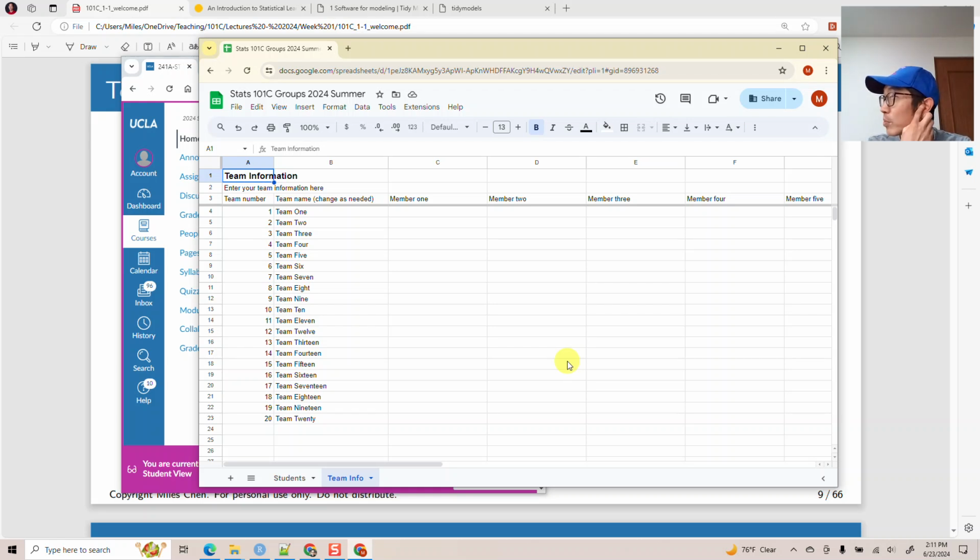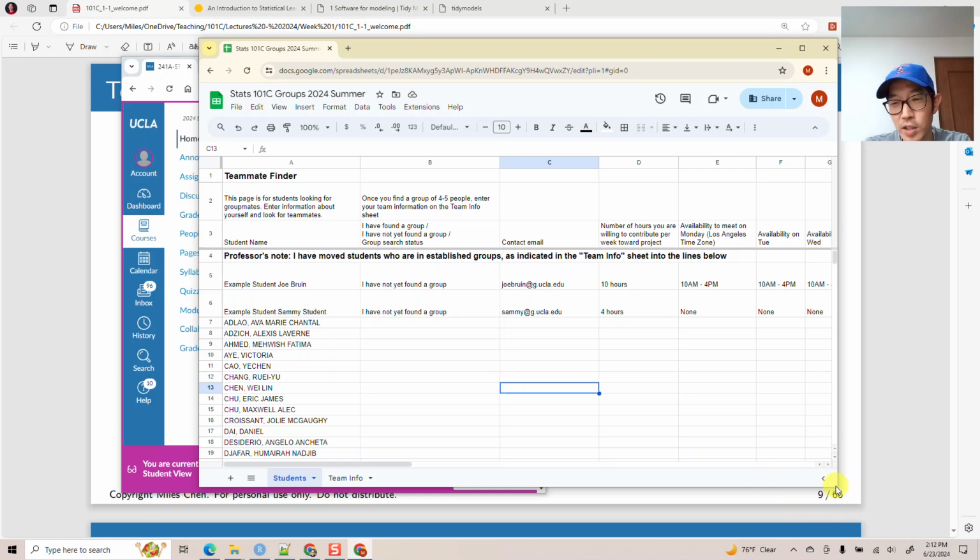That probably won't happen until sometime during the second week, but during this first week, make sure you at least start filling this information out and start looking for some teammates.